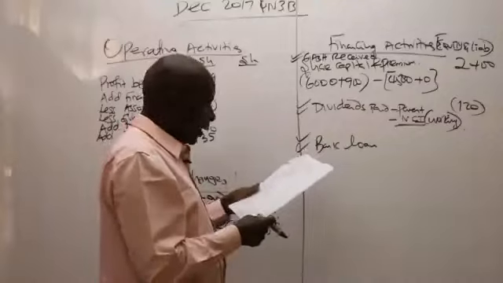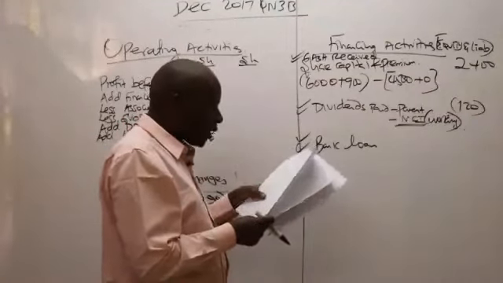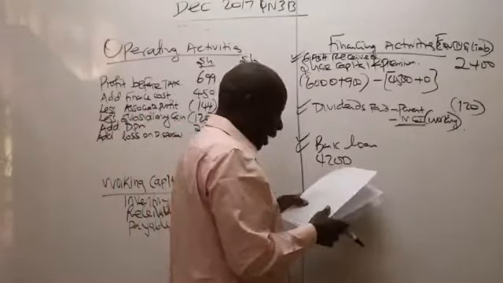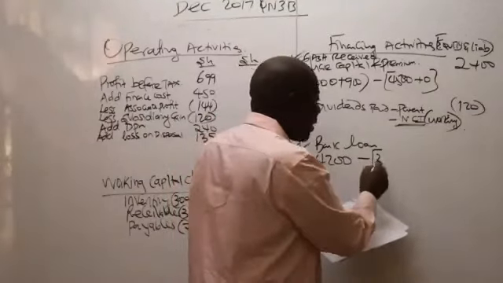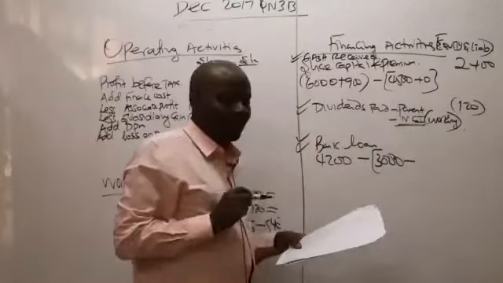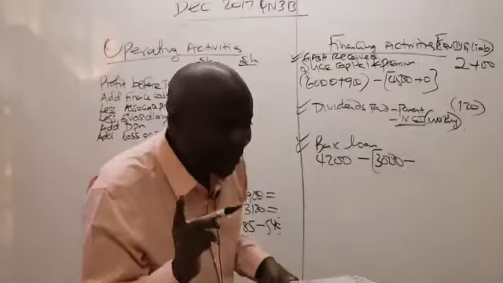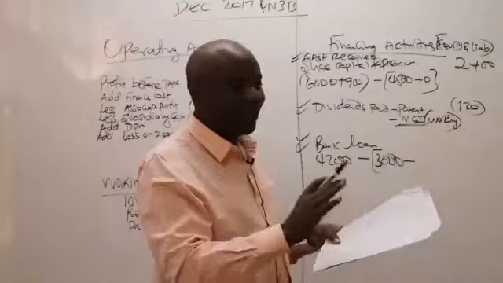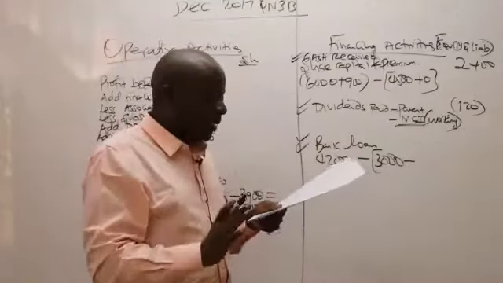So the bank loan that I can see here, closing for 2017 was 4,200, minus the opening. Opening is 3,000, but remember, for opening we must make adjustments.